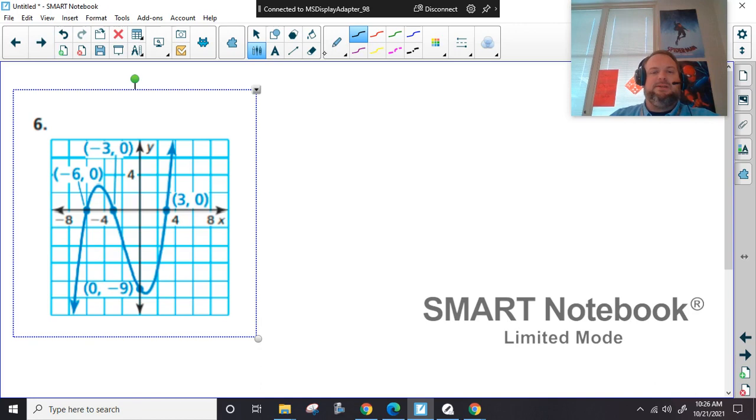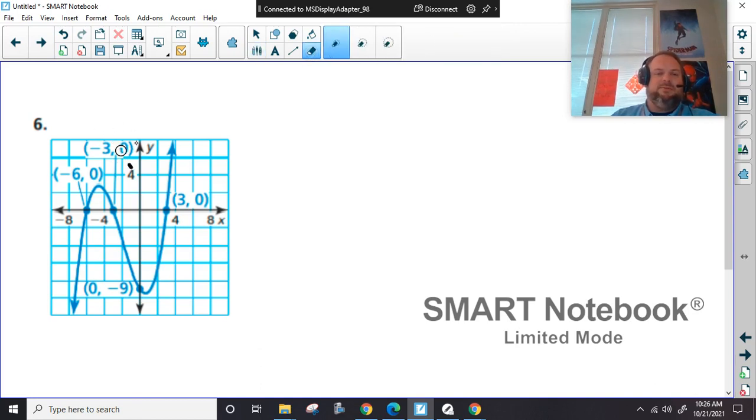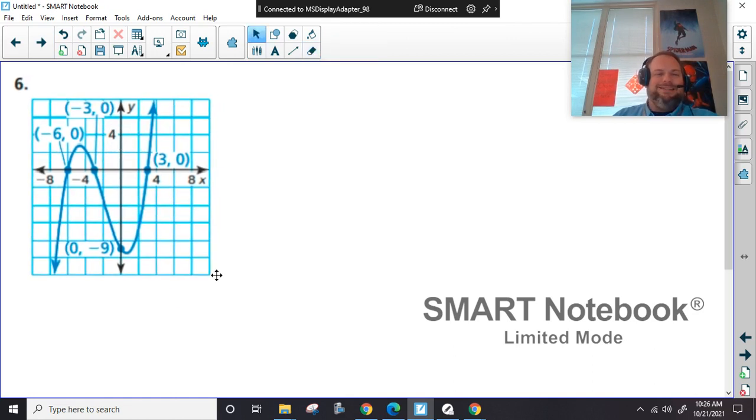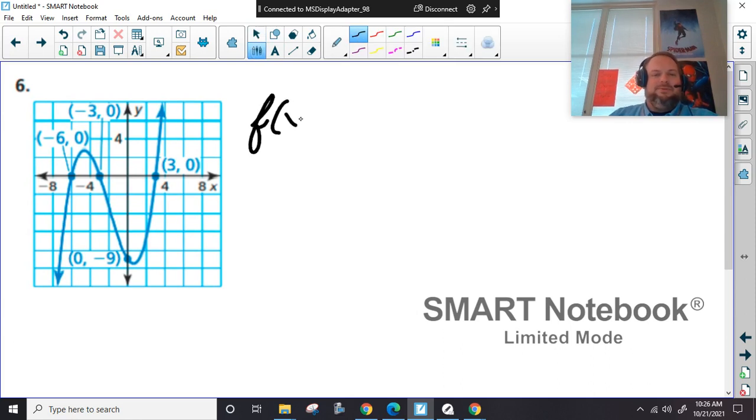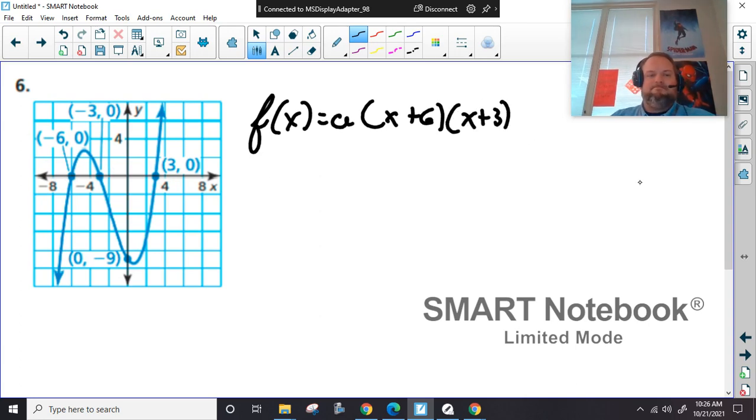Number 6. We can do number 6 because it has a definite y-intercept this time. So we start with the a. This is -6, so I have to write x plus 6. This is -3, so I'll do the opposite, x plus 3.